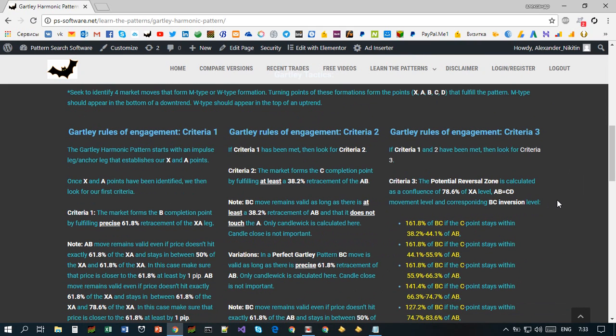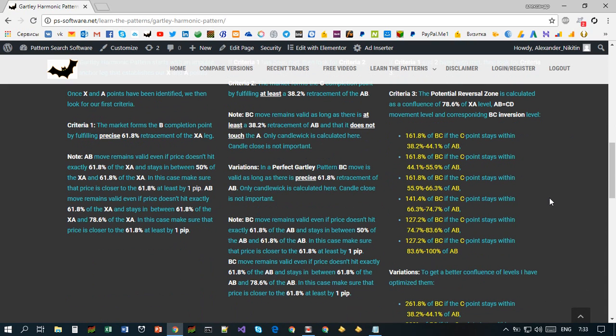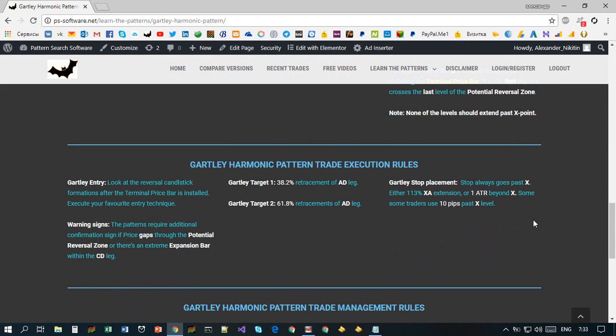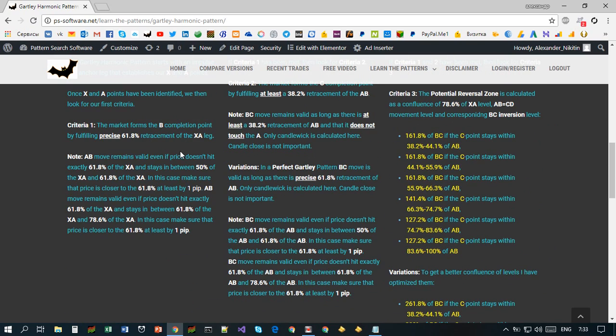So if you learn them all by heart, you can present a professional identification of a pattern. If you already have a basis of swing identification, if you already have some techniques of how to identify swings correctly, then you simply compare them and watch if they fit these ratios.